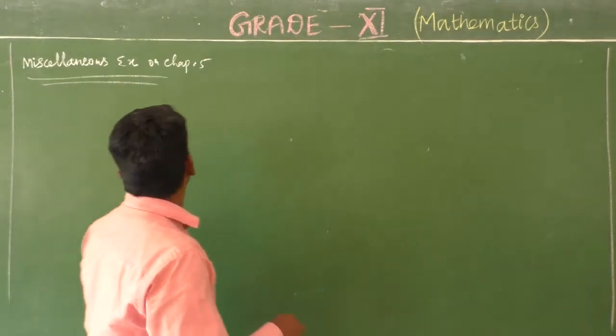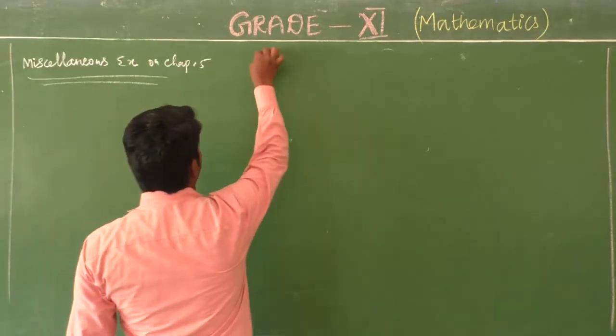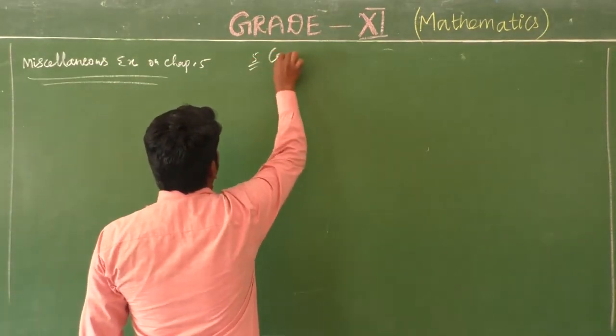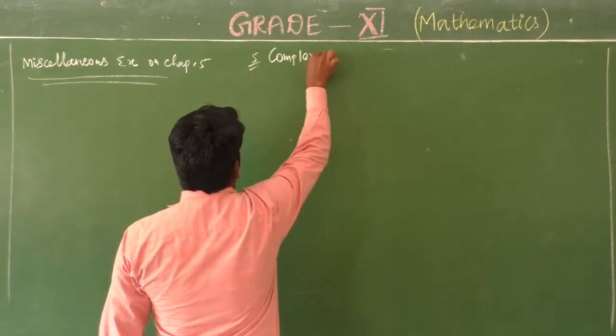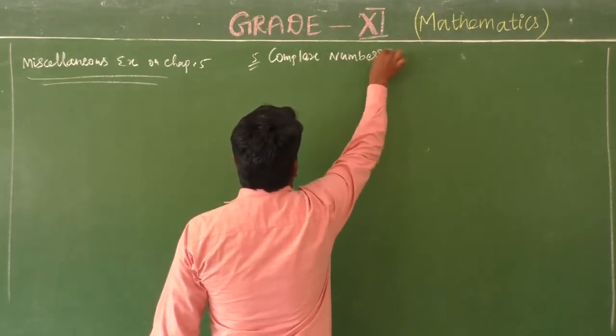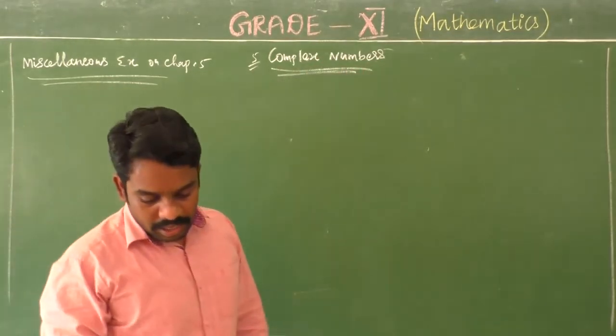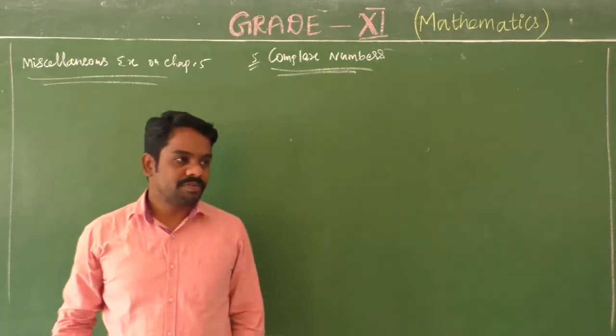Today I will teach the miscellaneous exercise on chapter number 5, complex numbers, the 5th unit. Continuing the miscellaneous exercise of chapter number 5.